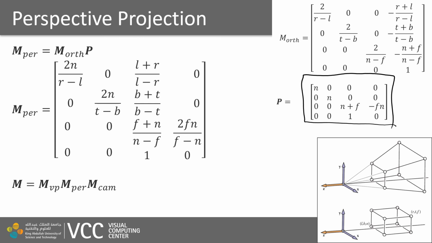So our perspective projection matrix will be a multiplication of the orthographic matrix with this perspective matrix, which we have just learned.